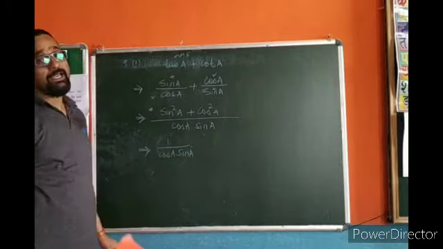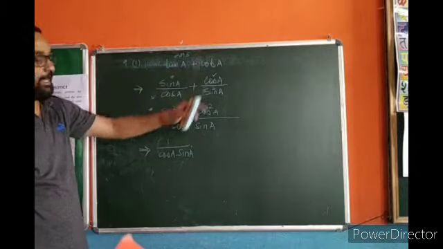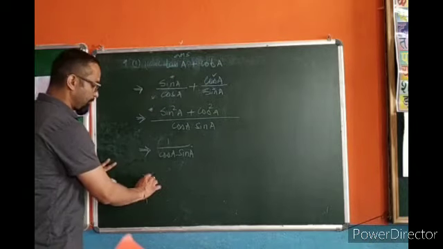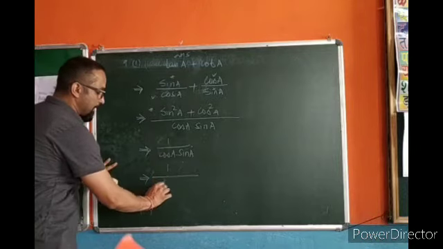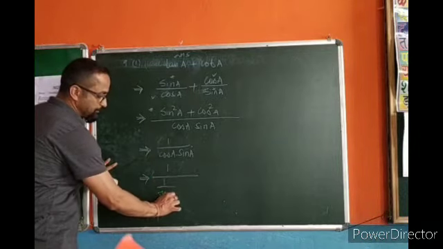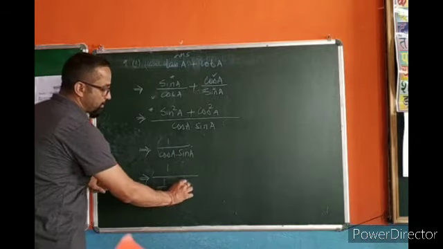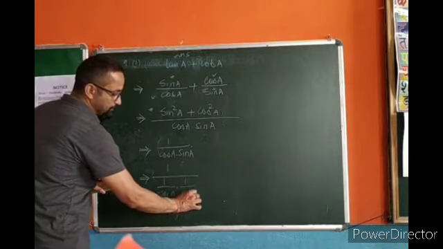On the right hand side you are asked to prove sec and cosec. 1 you write as it is. Cos can be written as 1 upon sec. Sin can be written as 1 upon cosec.